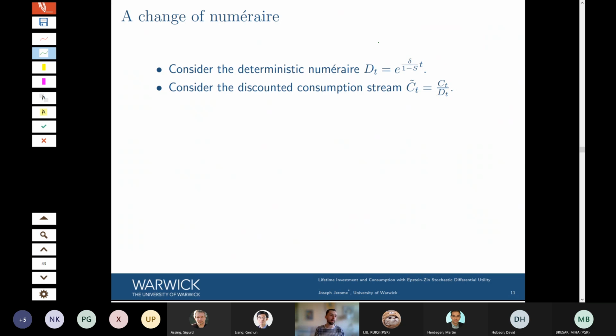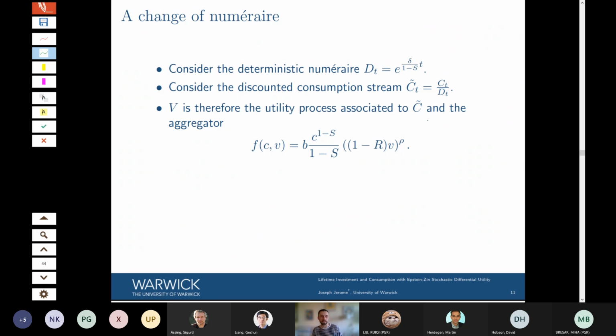Actually we'll find that if V is Epstein-Zin stochastic differential utility associated to the pair (g, C), then it's also the same as being stochastic differential utility associated to something else, C tilde. And it turns out that something else is nicer.